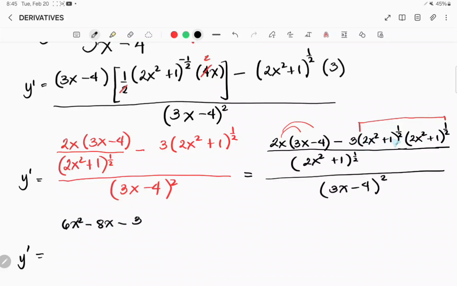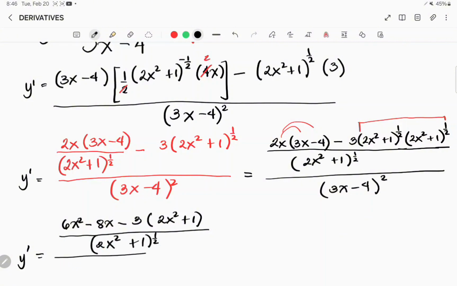And then since we are multiplying two quantities with the same base here, we have to add the exponents, and 1 half plus 1 half is equal to 1. Meaning we have to multiply this by 2x squared plus 1 with an exponent of 1 here. We do not write it anymore. Over our 2x squared plus 1 raised to 1 half all over our denominator of 3x minus 4 raised to 2. And then we can distribute this 3 inside.